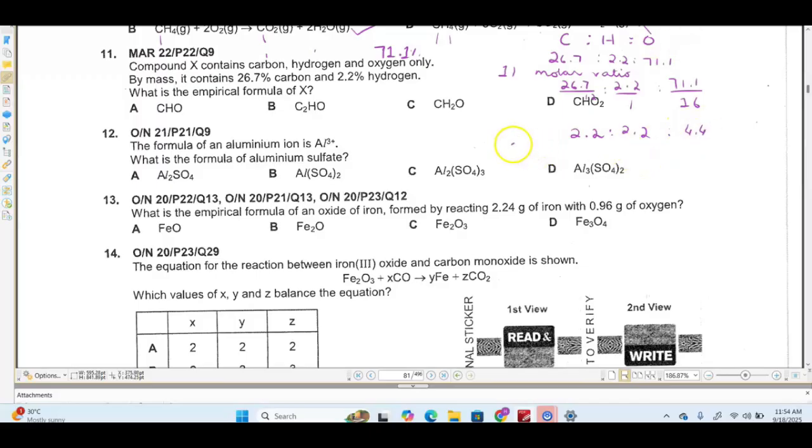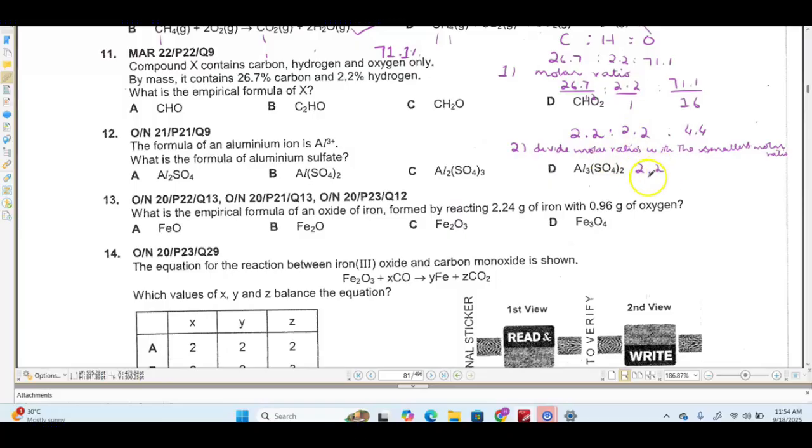So what is our second step? We have to divide molar ratios with the smallest molar ratio. Okay, so the smallest molar ratio over here is 2.2.